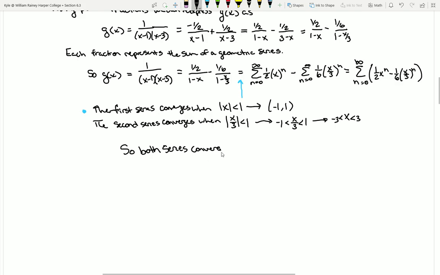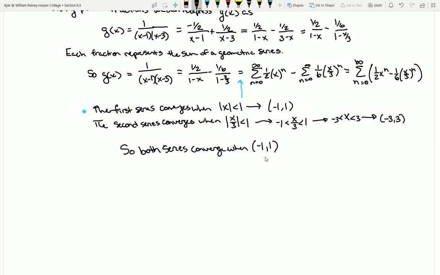What are values of x that can make the first series converge and make the second series converge? Take a moment and try to think about that. Well, it's actually just got to be the smaller one, right? Because if I want a value that's inside the range -1 to 1, and I also want values inside the range -3 to 3, the only values that meet both descriptions simultaneously are the ones on this smaller interval.